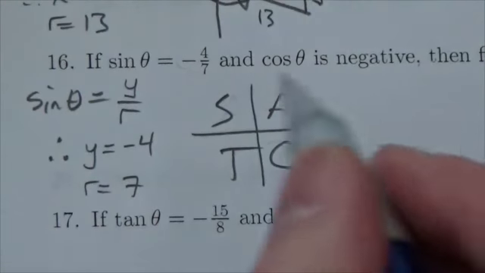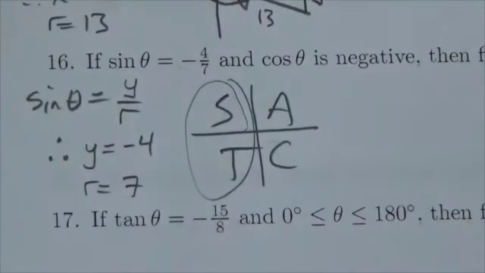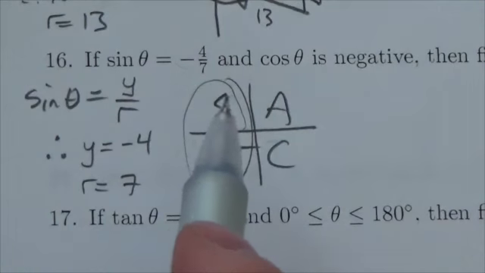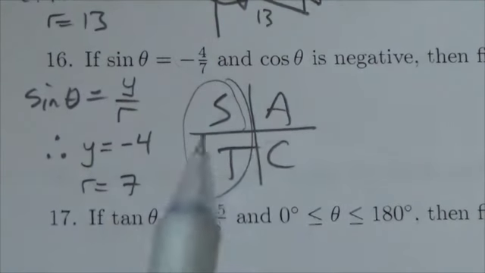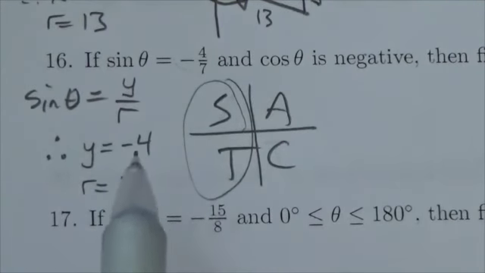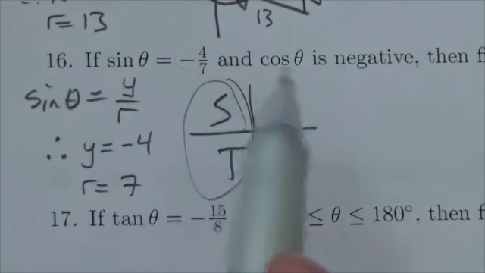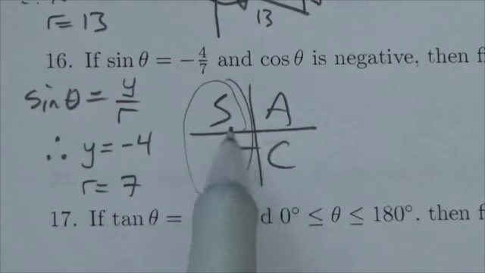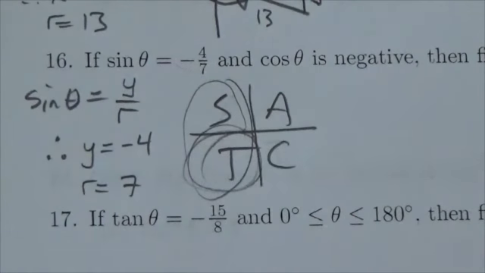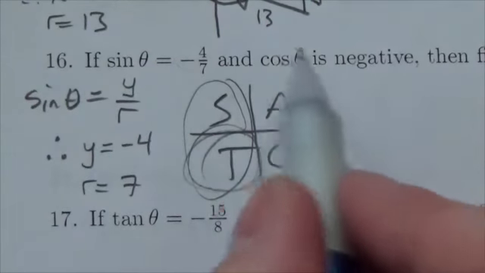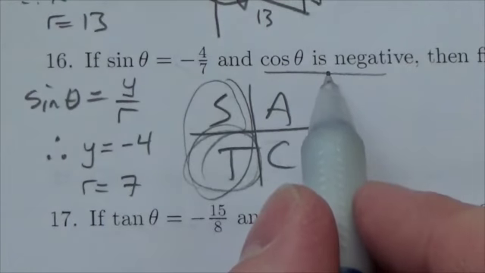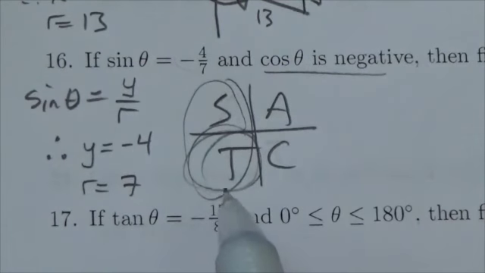If cosine is negative, that has to be in either quadrant 2 or 3 here. But remember, we just discovered that the y-coordinate is negative. So if I'm in quadrants 2 or 3, because cosine is negative and the y-coordinate is negative, that has to be quadrant 3. So that's what this little bit of information is telling us. This little bit of information is pushing us towards quadrant 3.